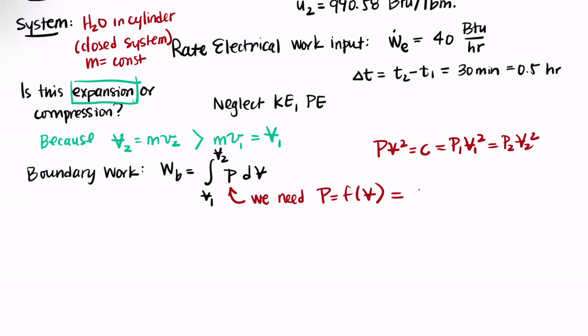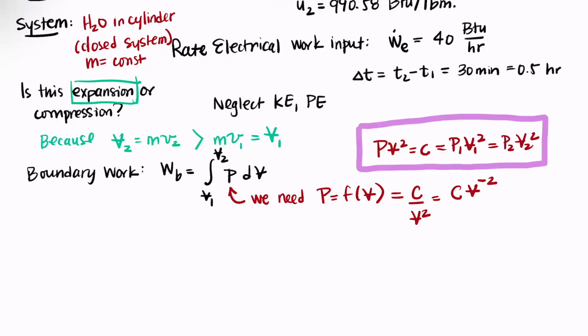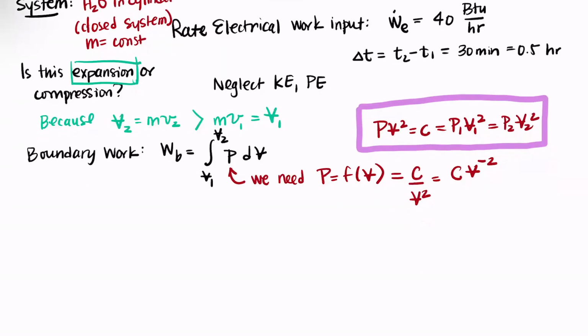So we have that this expression for pressure in terms of volume is just a constant divided by volume squared, or C times V to the minus 2. All right, so this is just our polytropic process with n equals 2. Right? So we can do this integral now.